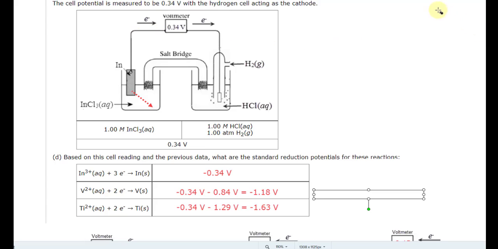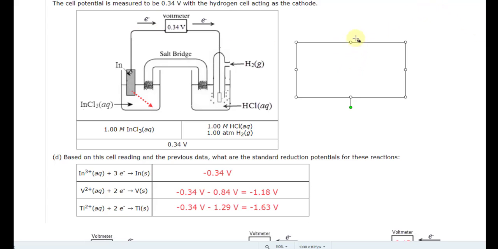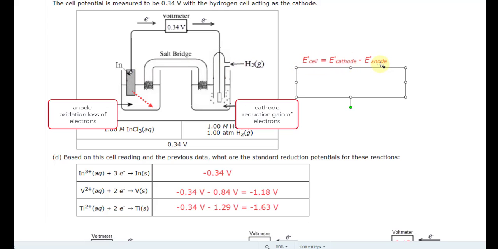Those of you who like equations, this can be solved using the equation. I'm really a big fan of equations, but I think this is easier to solve in terms of logic. The equation for a net voltage, the voltage of a cell when you have two half cells, is the cathode minus the anode. So we have hydrogen, and we know by definition the voltage of hydrogen is 0.